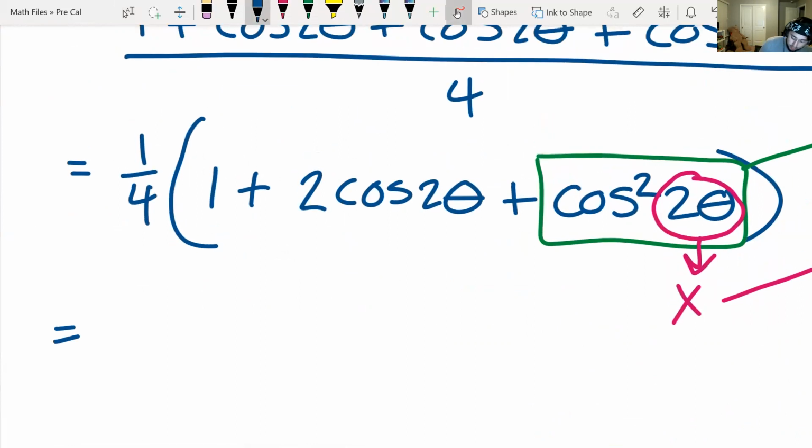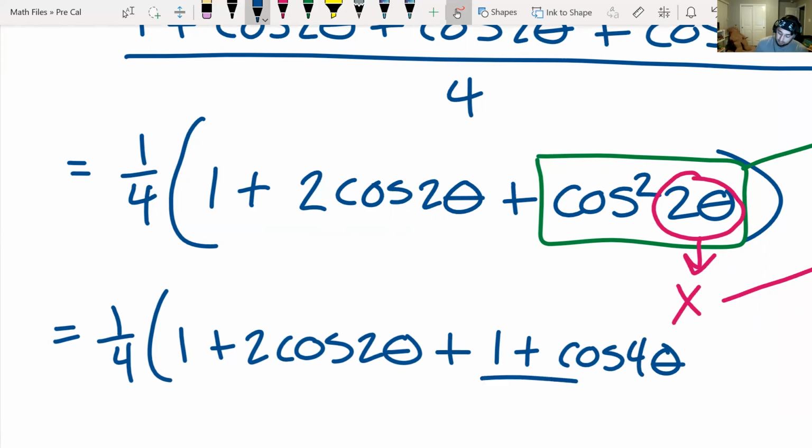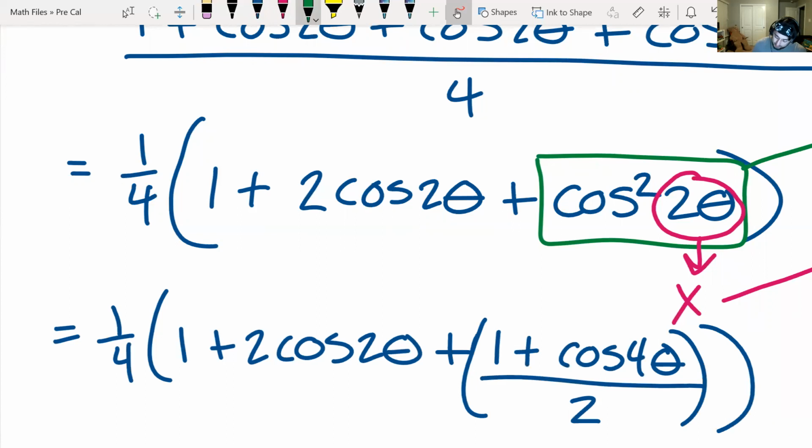So now I have 1/4 times 1 plus 2 cosine 2 theta plus the new cosine squared 2 theta we just made, 1 plus cosine 4 theta over 2. I put that in its own little set of parentheses for you. That's what this became.